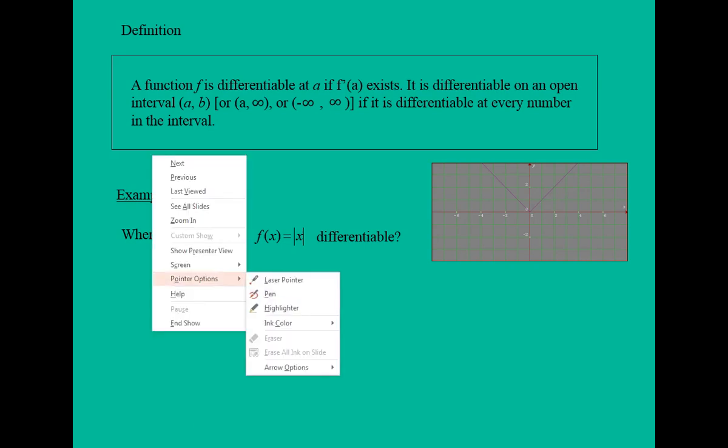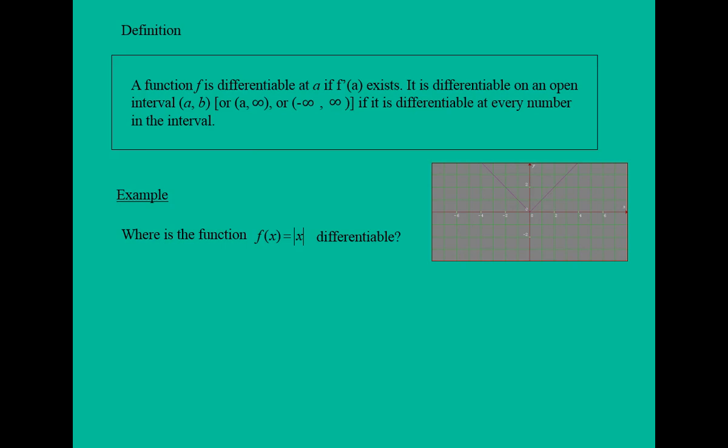Well, how would we determine if it's differentiable? Let's use the definition of a derivative, which is the limit. For this one, I'm going to use the alternate notation: f of x minus f of a, all divided by x minus a, as x approaches a.